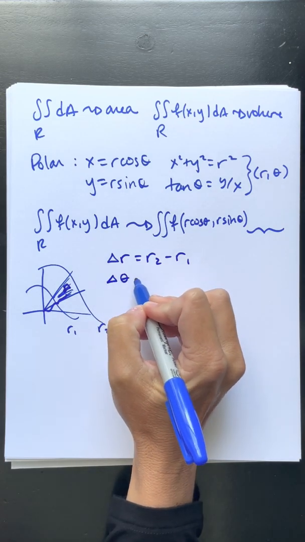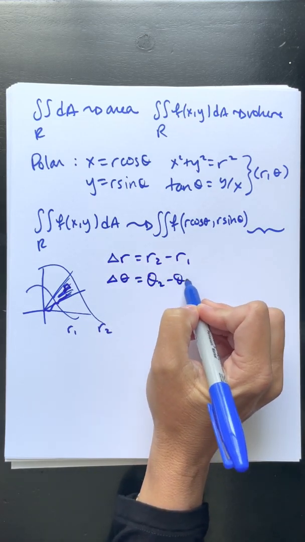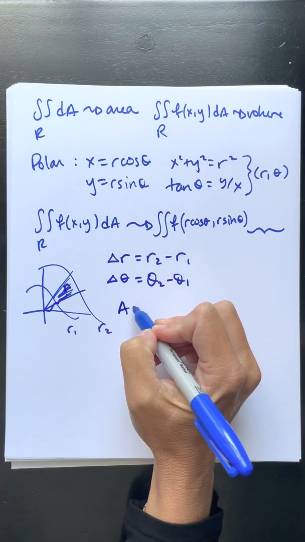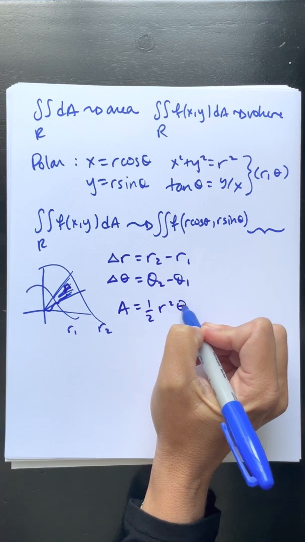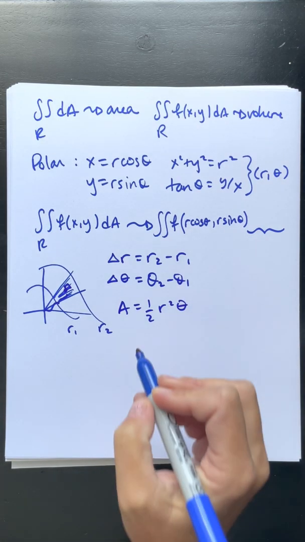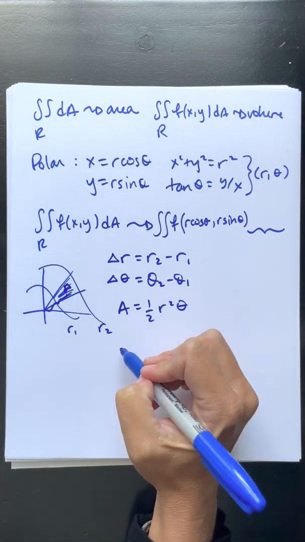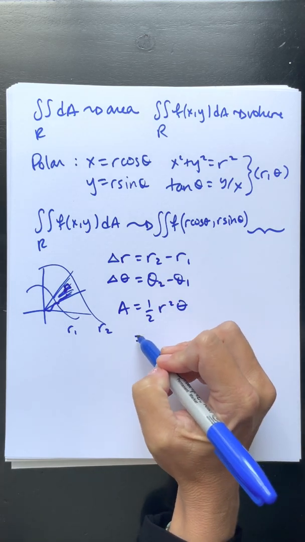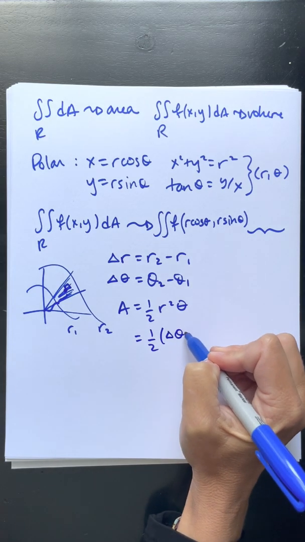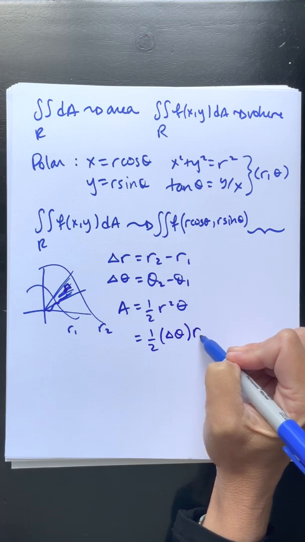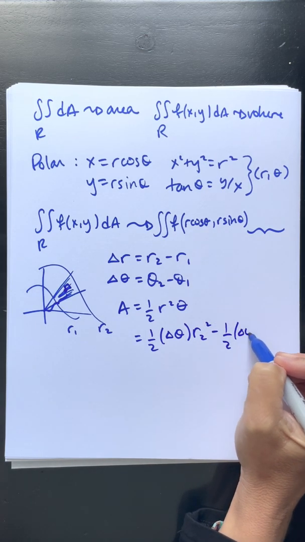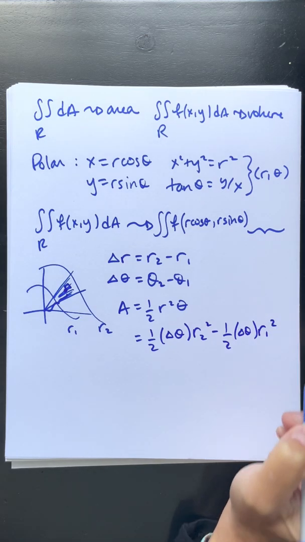And my change in theta is going to be some theta 2 minus theta 1. And I know that the area of a sector is 1/2 r squared theta. So from r1 to r2, my area is going to be 1/2 delta theta times r2 squared minus 1/2 delta theta times r1 squared.